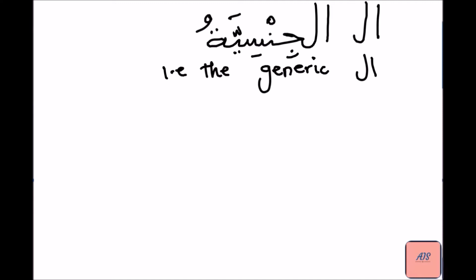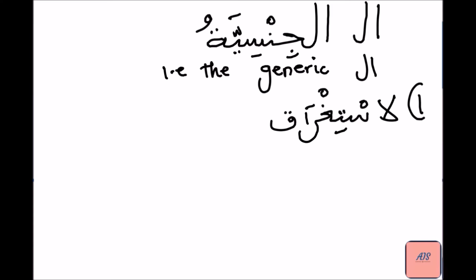This type does not have to do with having a previous knowledge of a word. And the first type is the alif lam al-jinsiyatu li-istighraq al-jins. This means the generic alif lam that covers every member of the genus.